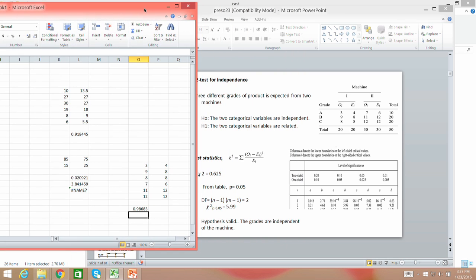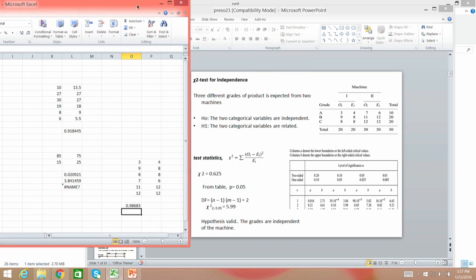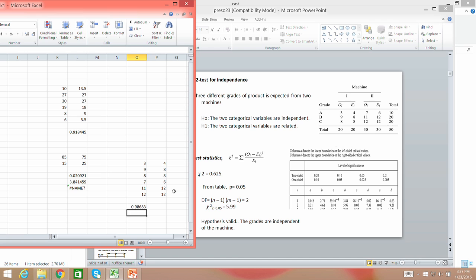Do you understand? So that is what we got from our calculations also, or we can use chi inverse at 0.05. The degrees of freedom here is 3 gives you 2, 2 machines gives you 1, so that gives 2, so it is 5.991. So, we need to look at this 5.99 here, right.